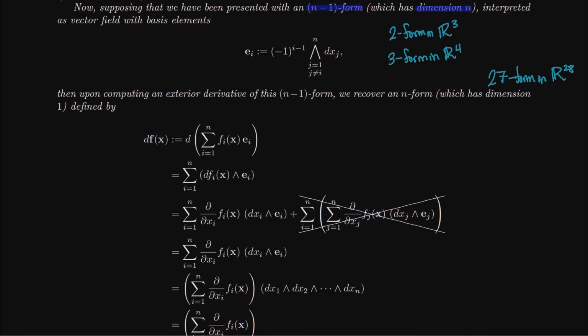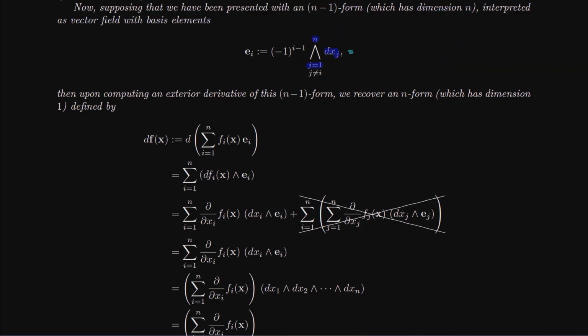So let's interpret that n-1 form as a vector field with basis elements given here. These are, of course, exactly the differential elements of an n-1 form. But I've actually specified their order very specifically. So how is the order going to work? Well, I'm starting at j equals 1 up to n.